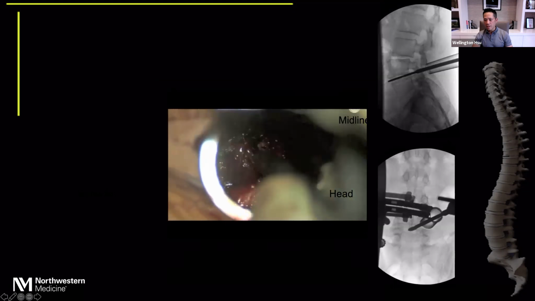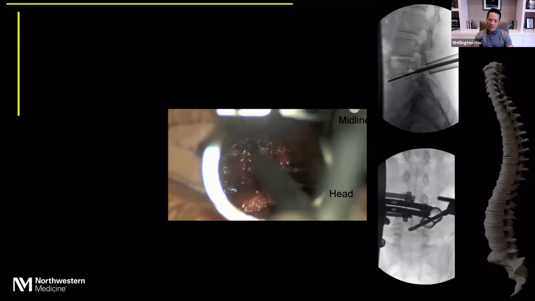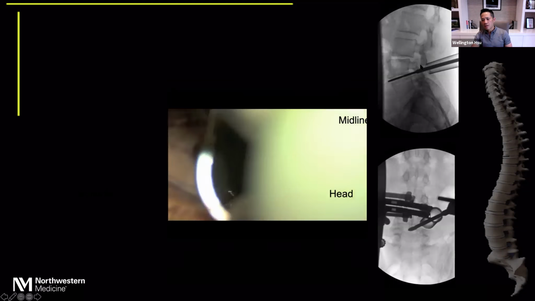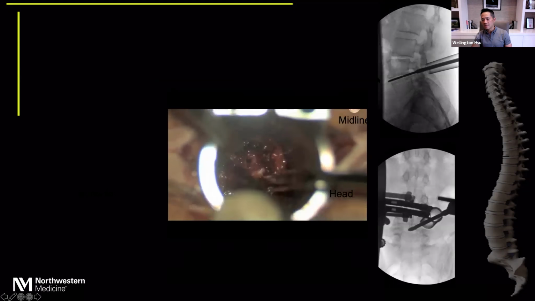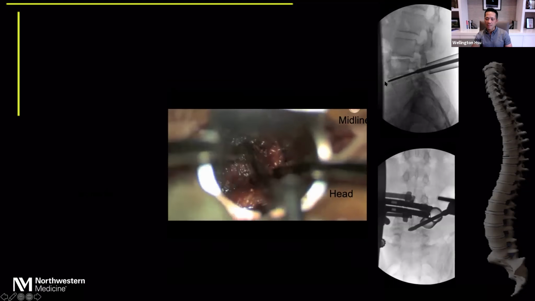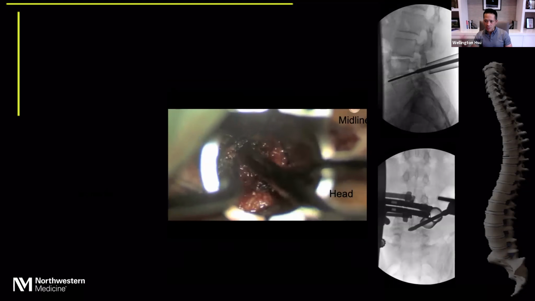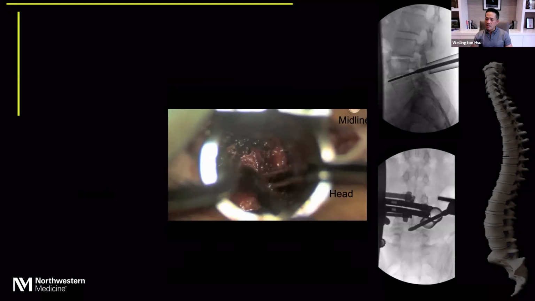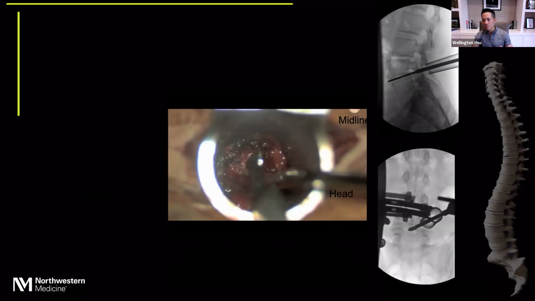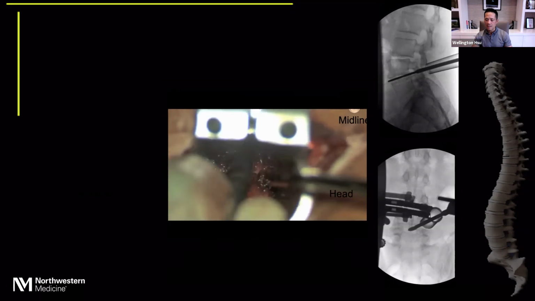It's critical when you put a shaver in to know that you're not too deep. When I first started doing this procedure, it was hard for me to gauge how deep the shaver went, and a few times I actually punctured through the ALL. If you do that, it's not a big deal as long as it's a blunt instrument. What you want to do is know that, and then be very careful with all of your other instruments that grab, your curette, these things.